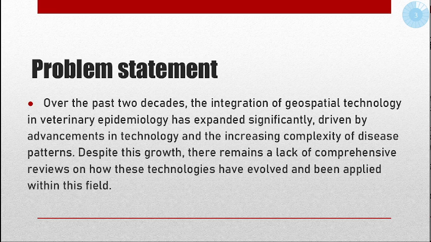So this is my problem statement. In veterinary epidemiology, during the last decade or two, there has been an increase in the use of geospatial technology: GIS, remote sensing, GPS systems, web GIS, and so on. There is a rapid increase in the number of publications, and we have so many publications which are difficult to comprehend.